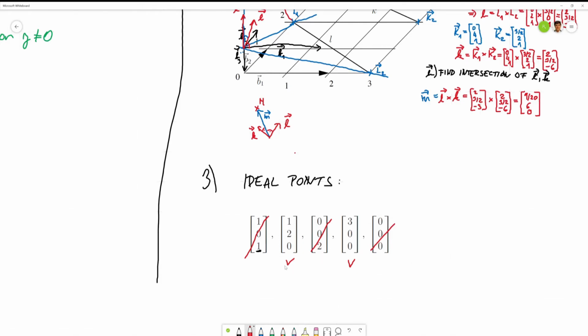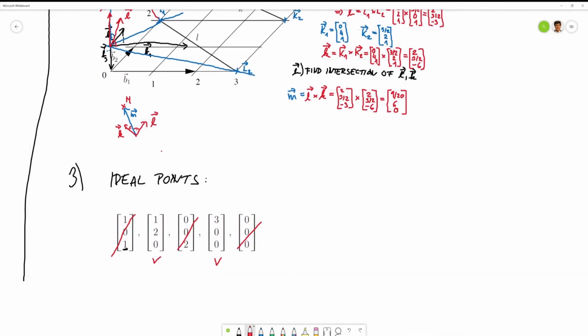If we should represent the ideal line, let's start with an example. We can start with a computation using the points from task 3. If we do a cross product of two ideal points, we will get the ideal line, the line at infinity. Each affine plane has one ideal line.